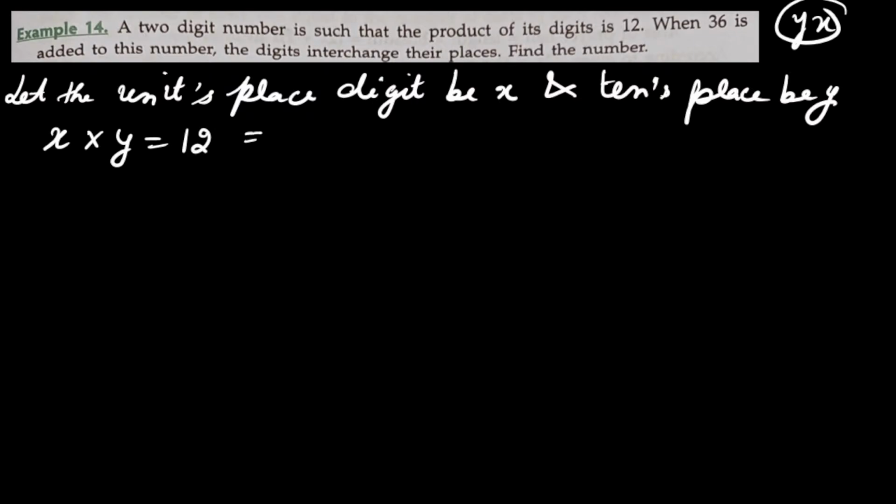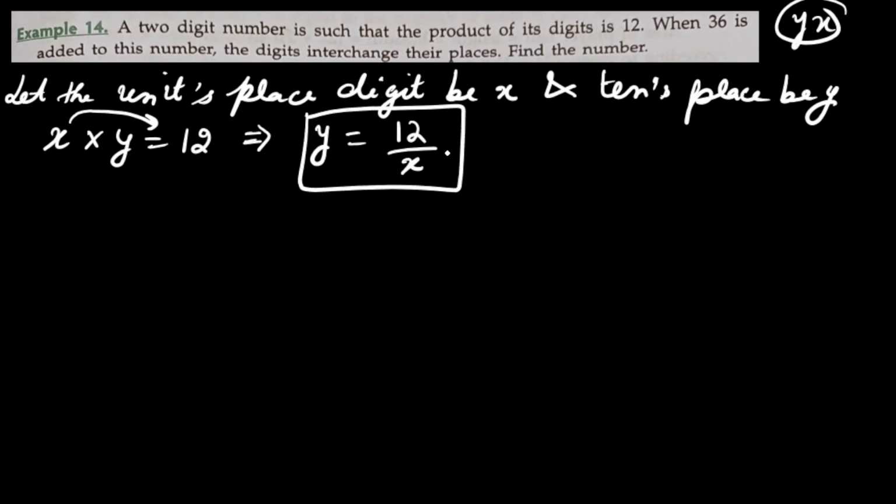From here I can get the value of one number, x or y. Let's take the value of y. So y is 12 by x, because if I shift x to the other side it will get divided. So from the first equation I got y is equal to 12 by x.